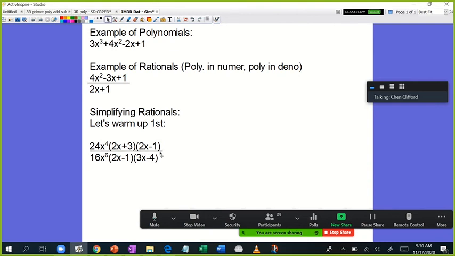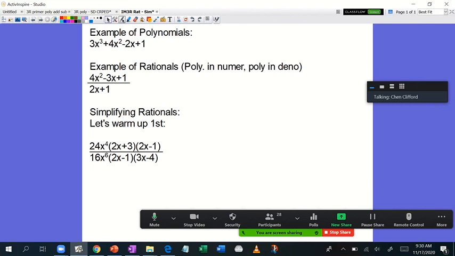Perfect. Now right off the bat, let's see what we can cancel. I am going to cancel the 2x minus 1s because they match.